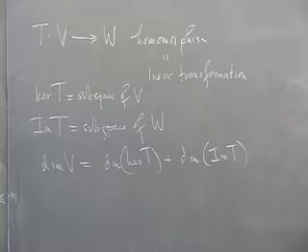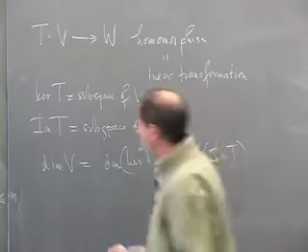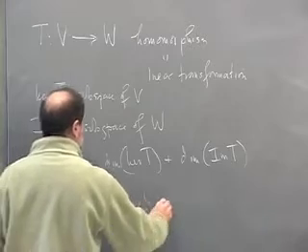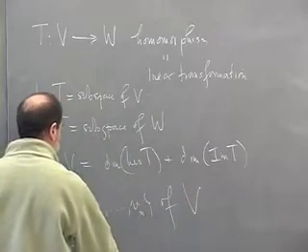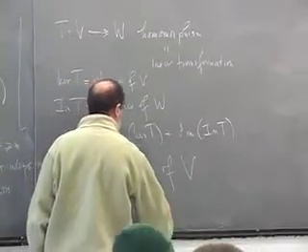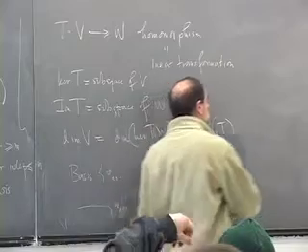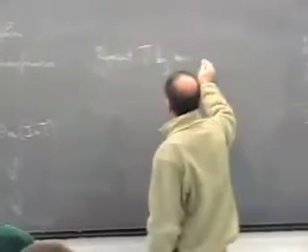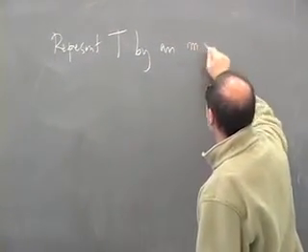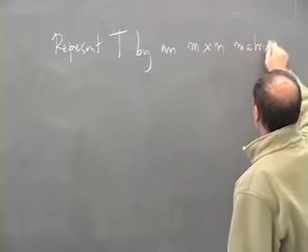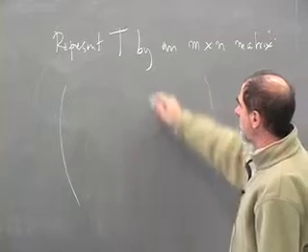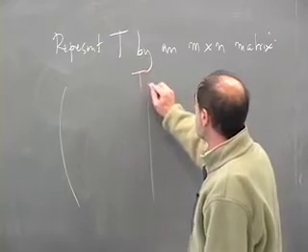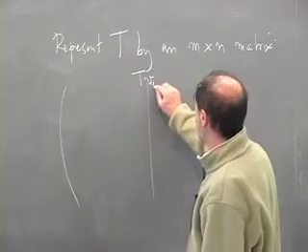We showed, by the way, that if these were finite dimensional spaces, and if we chose a basis V1 through Vn of V, and a basis W1 through Wm of W, then we could represent T by an m by n matrix, where the mnemonic is that if you want to know what the kth column vector is, you apply T to Vk, the kth vector of the basis here.